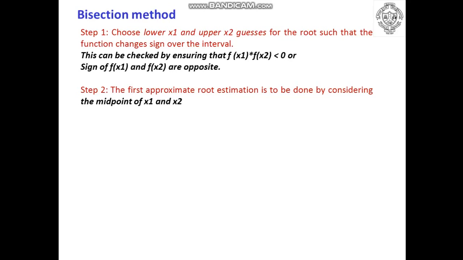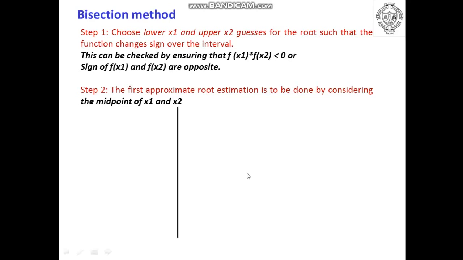That is why this method is called the bisection method, because you are finding the next approximate root estimation, or we can say the next guess, which will approach the exact or actual root, by finding the midpoint of the two initial guesses which you considered at the start.